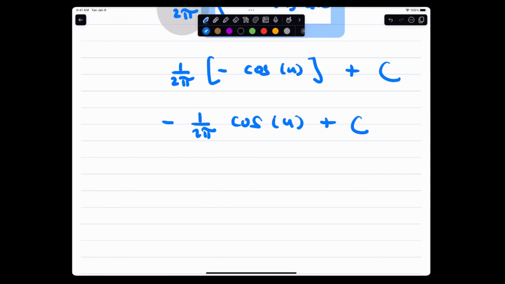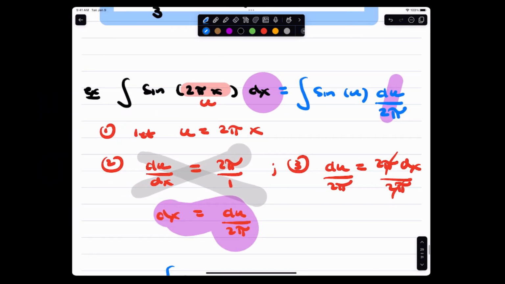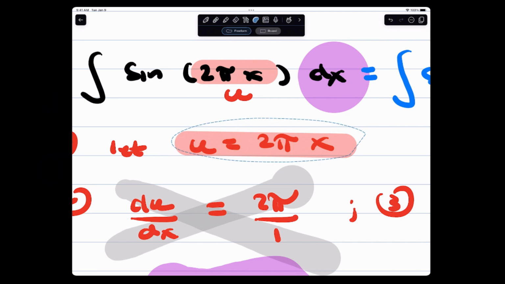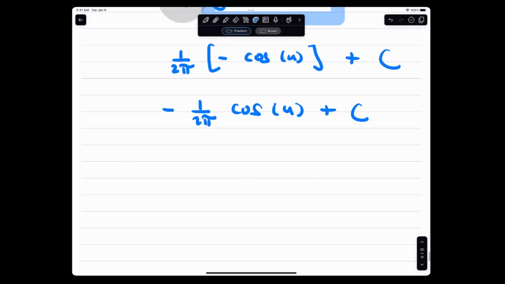What don't you want to forget now? Right? What do you guys think? What don't you want to forget? This is now the antiderivative for a function of u. You need an antiderivative for a function of x. How do you get that? Right here. 2 pi x. So what do you guys think you plug in?